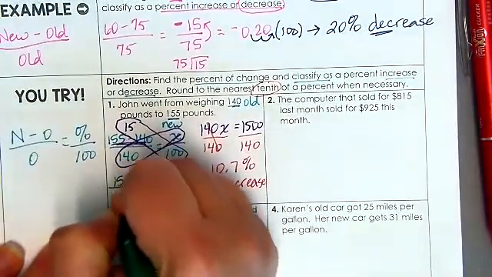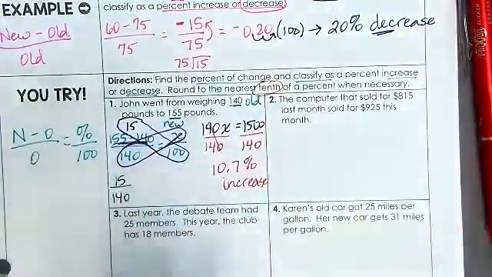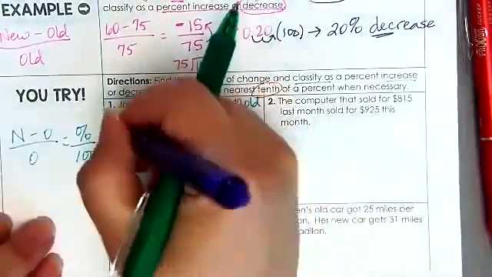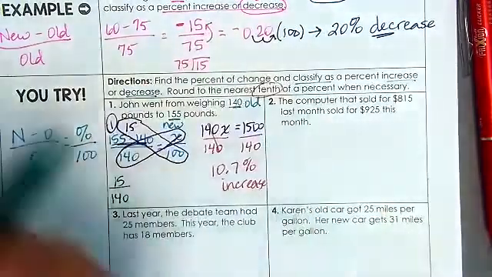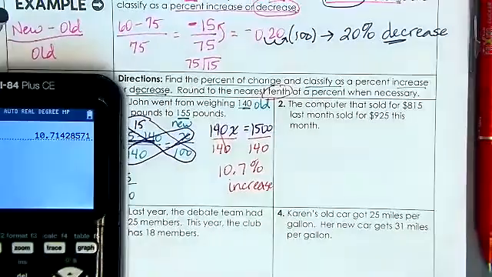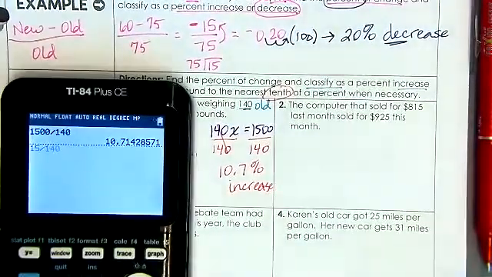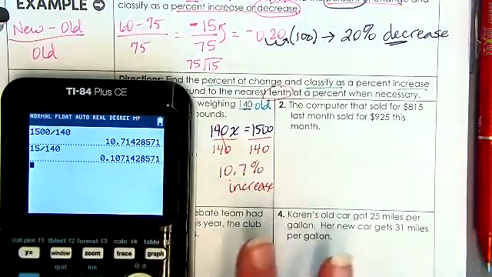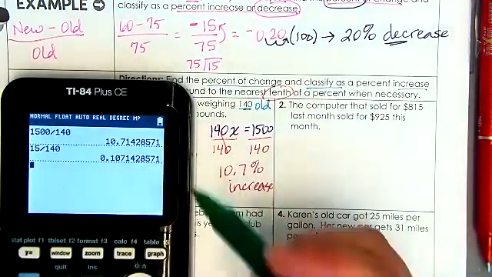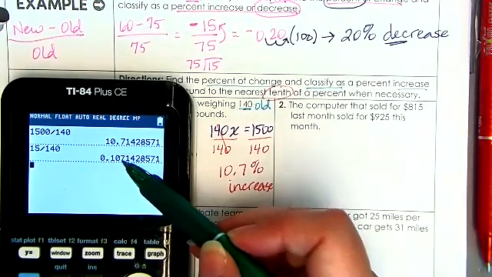Now, if I just do the division of 15 divided by 140, this is one way of working it, and this is the second way. If I do 15 divided by 140, enter, you notice we get this long decimal, but I need to go 3 decimal places out for rounding purposes.